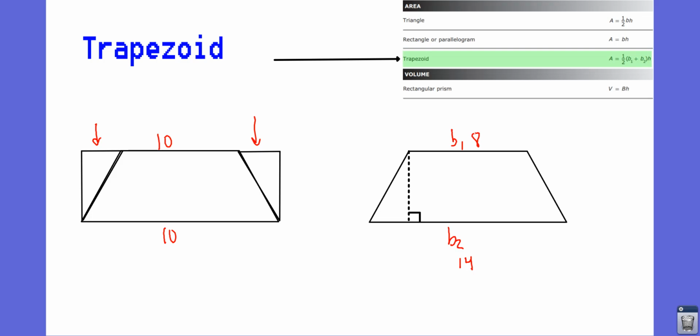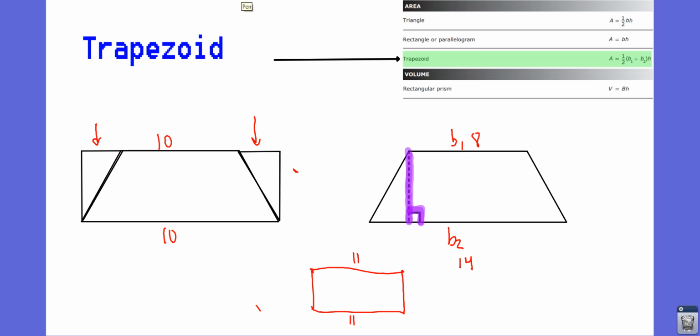So anytime that you want to add up a base and a base, so 8 plus 14 would be 22. 22 divided by 2 would mean that it was originally a rectangle that was 11 as the base on both sides. So it's finding the average. So base 1, base 2, and you know this because it's where the height connects, the top and the bottom of it.